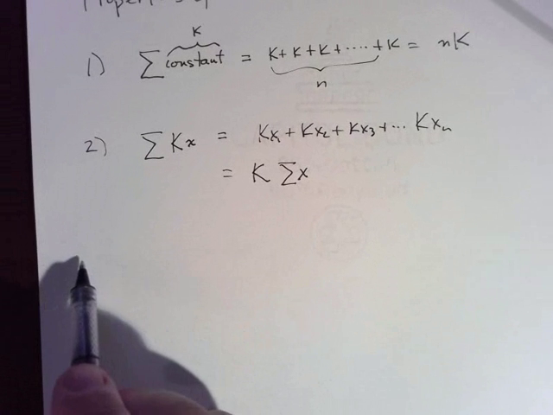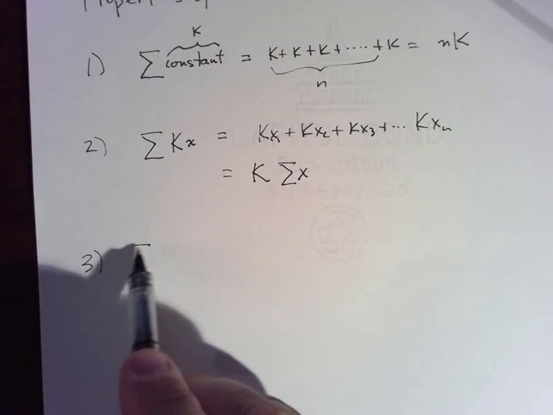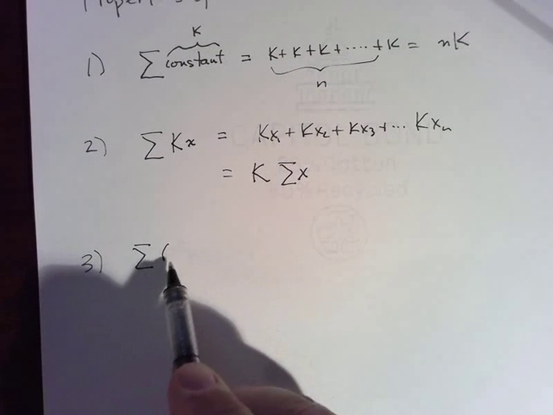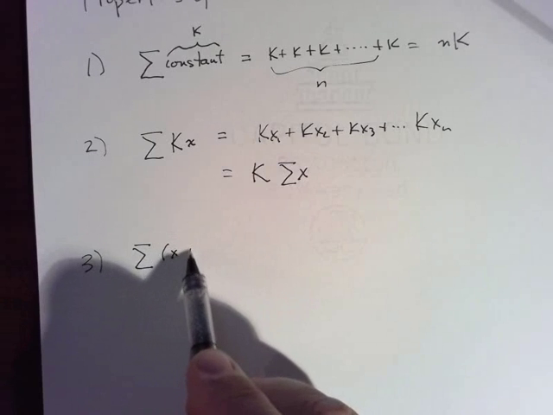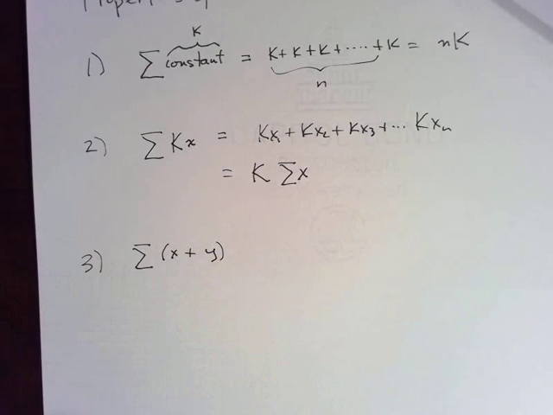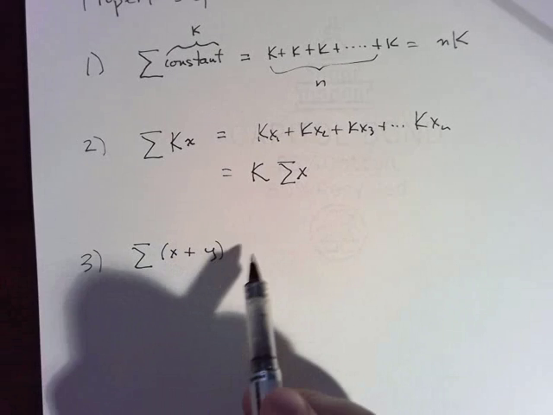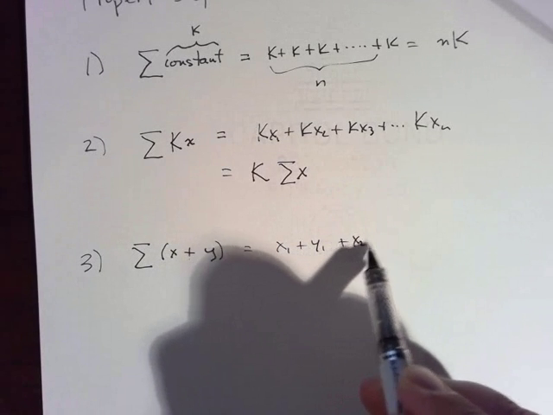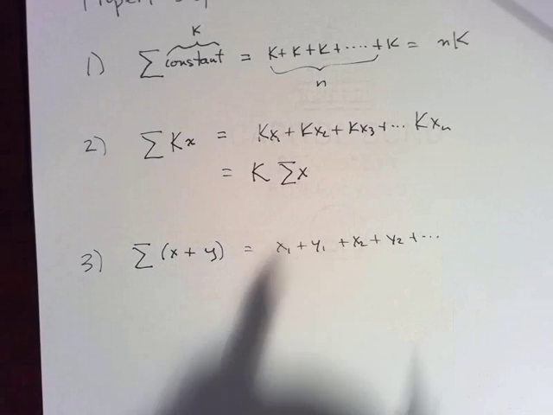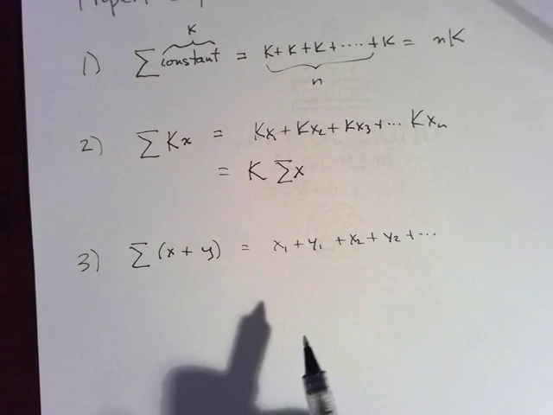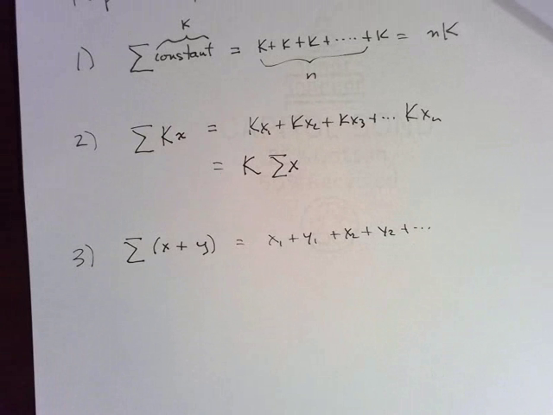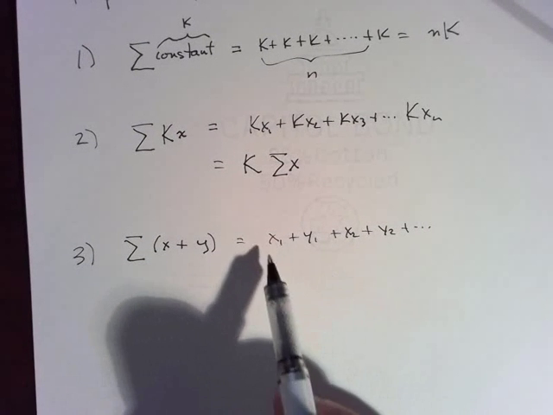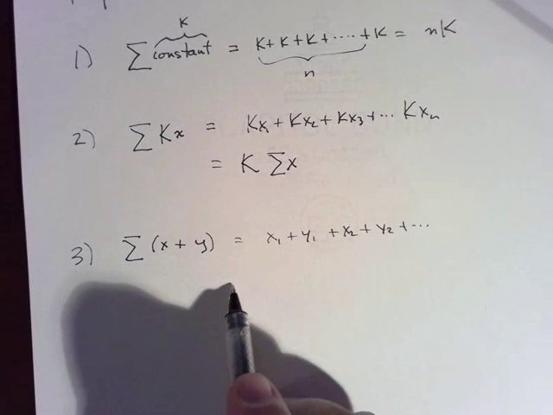Finally, the third property that we're going to use in some of the proofs is if we have multiple terms. So we have like x plus y, where x and y are both varying. Then this would be like x1 plus y1 plus x2 plus y2, and so on and so forth. We can rearrange this sum because we can add things up in any order we like, to do all the x's first and then do all the y's.